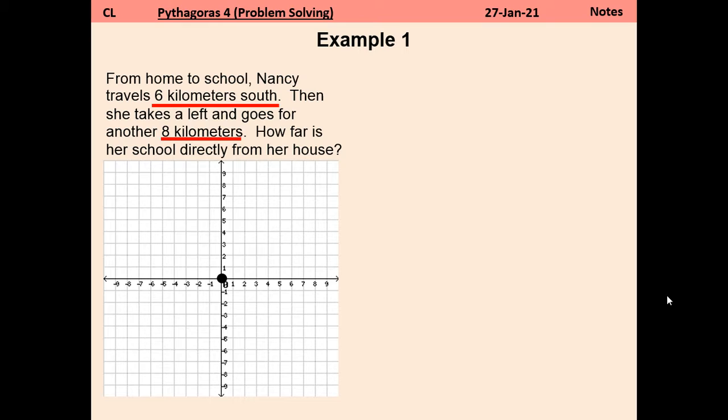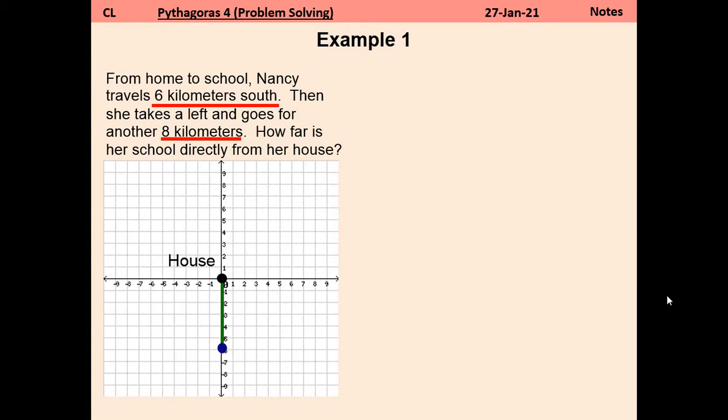So let's assume that she starts from the origin. We have a grid. You don't need to draw a grid. You can actually draw any sort of triangle, but I'm just using a grid to help us understand what's going on. So she starts from her house, Nancy. Then she travels 6 kilometers down. Then from there she turns left.